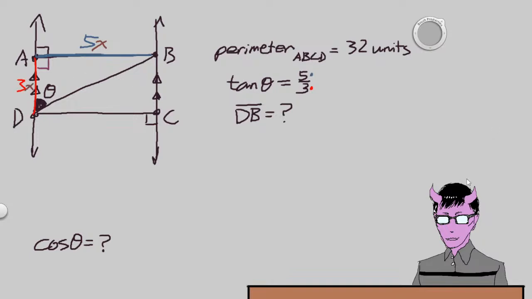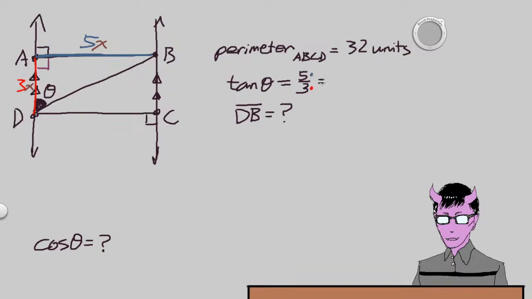Because again, according to this statement right here, the 5 to 3 is just the reduced ratio. This 5x means the actual length from here to there, and this 3x means the actual length from there to there.